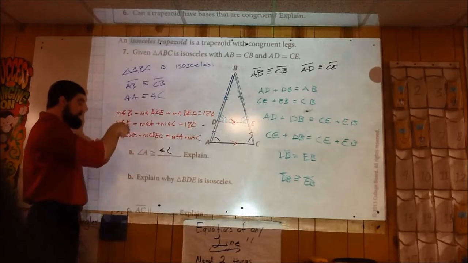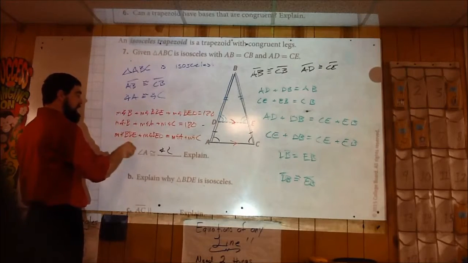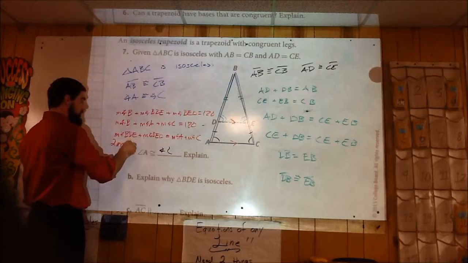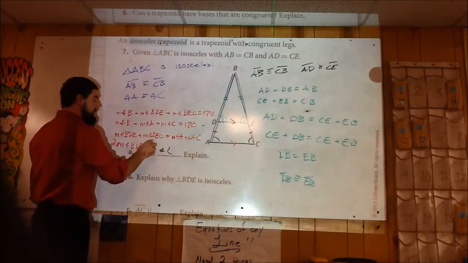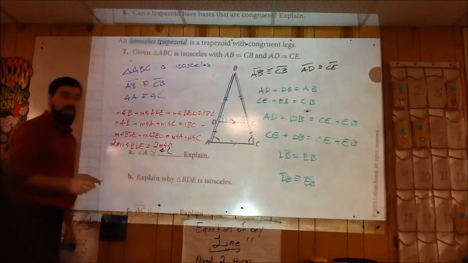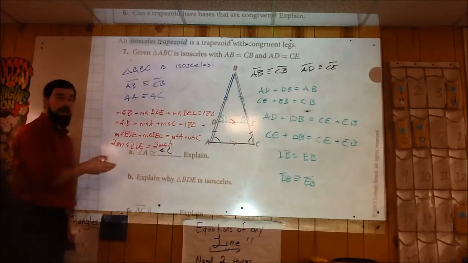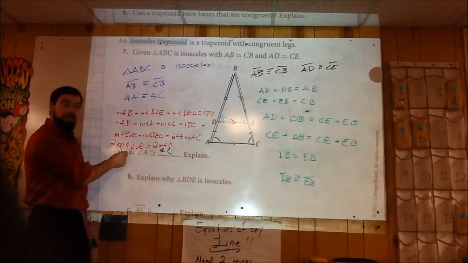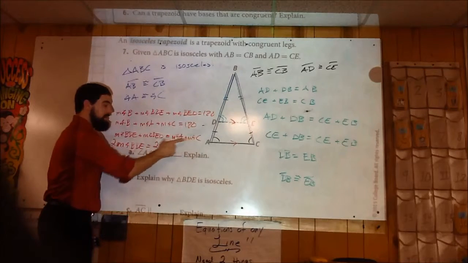So I can substitute in and say that two of these measurements of angle BDE is going to equal two of these measurements of angle A. I'm skipping a lot of steps. I'm substituting in, then combining like terms, and substituting in, and combining like terms.